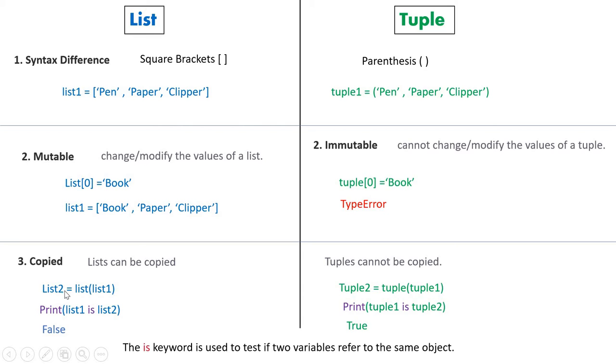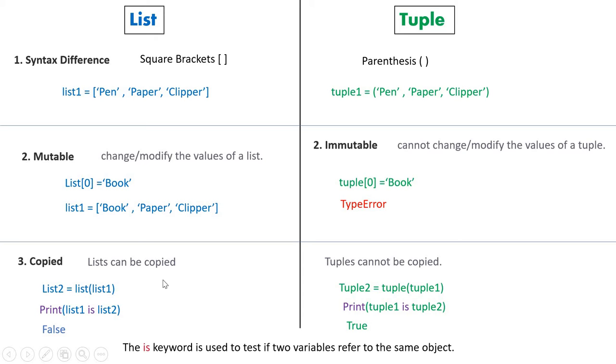For example, list2 is a new list you are creating, and list is a function which will let you copy this first list. For example, I am using this list1, right? list is a function, and if I run this command, it will just copy all the elements into this new list.